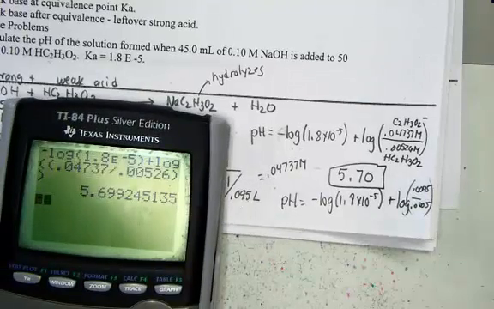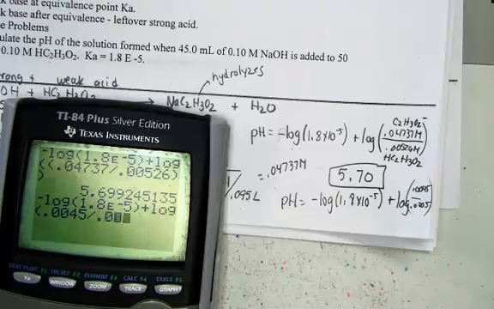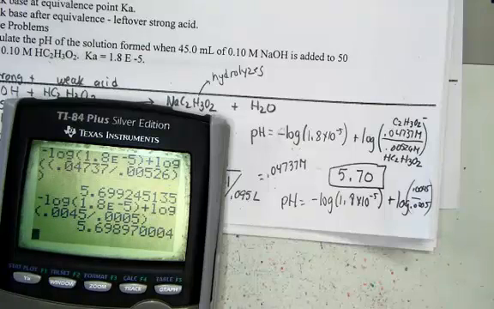So, again, negative log of 1.8 E negative 5 plus the log of the ratio of base over acid, 0.0045 over 0.0005. Instead of using molarity, we're simply putting the number of moles, and we get 5.698.